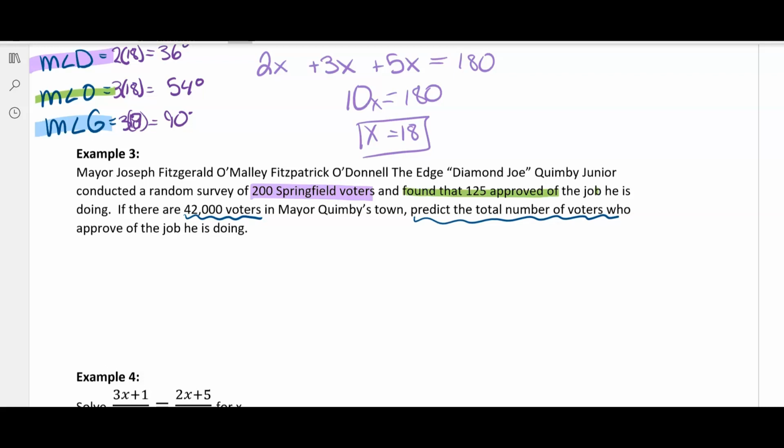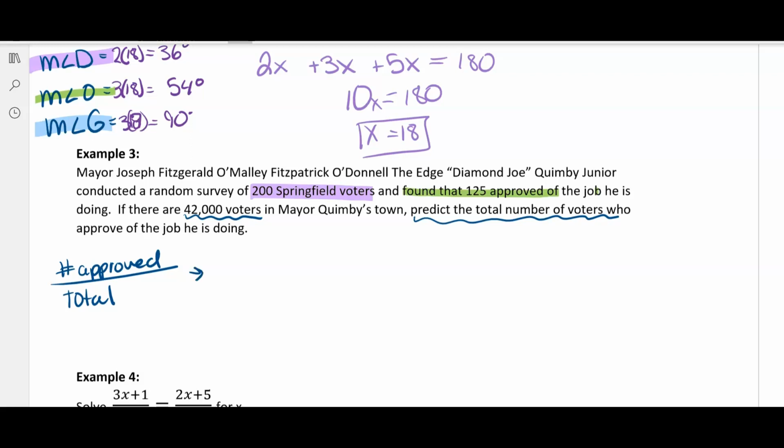When we're setting up these ratios, if it's something like this, the number approved will always be over the total, no matter what it is. There'll be some part of it over the total.